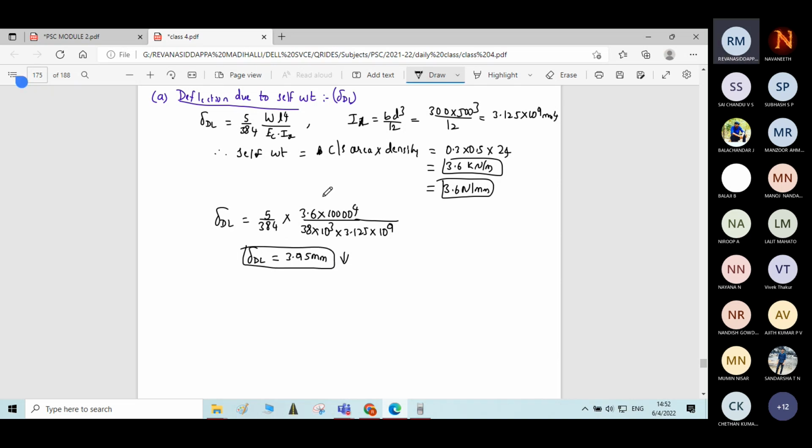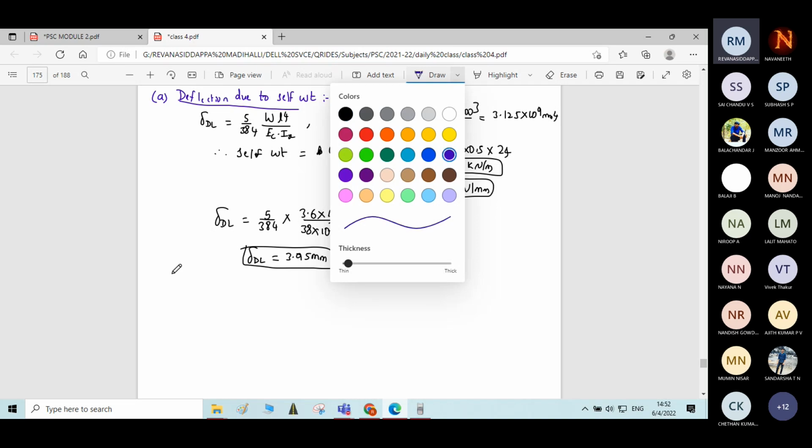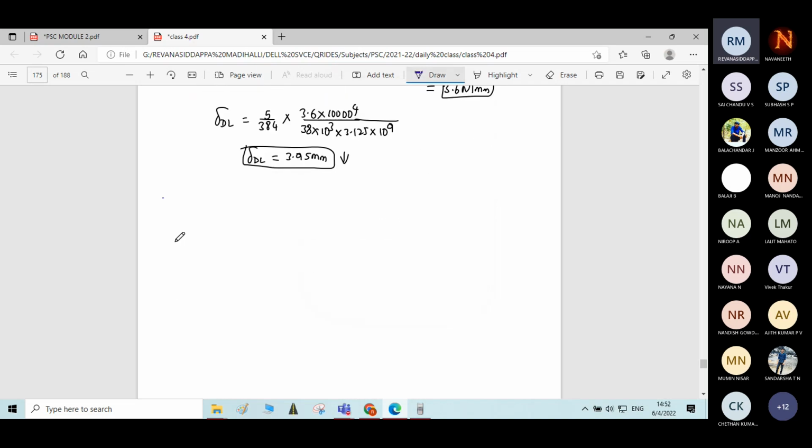Okay. Now, what next after finding the deflection due to self-weight? Deflection due to pre-stressing force you find, or deflection due to live load you can find. Deflection due to live load only you find. B, deflection due to live load, delta LL.